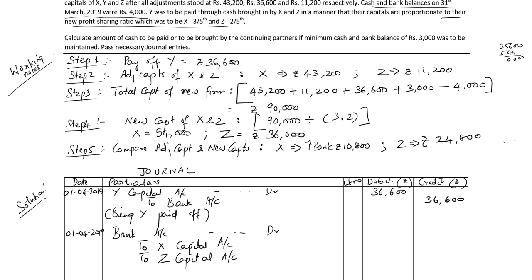Amount brought in by X, 10,800 rupees, and amount brought in by Z is 24,800 rupees. So total amount 35,600 rupees. Narration. Being cash brought in by partner X and partner Z. So these are the two journal entries, the answer to this example sum.